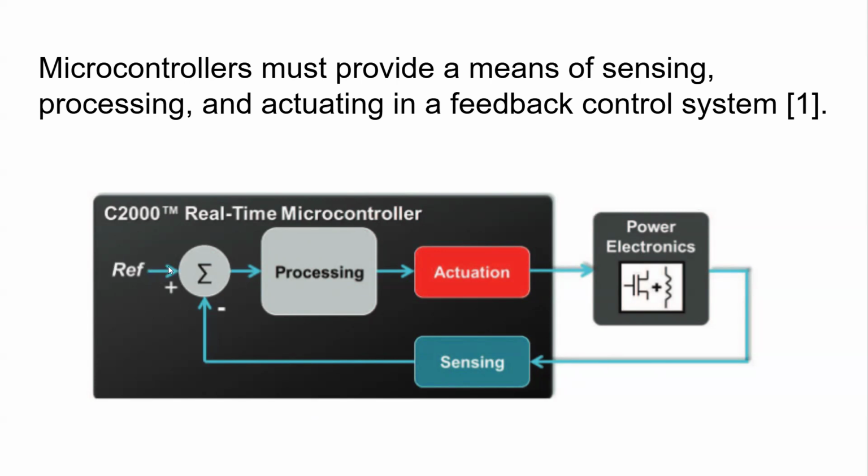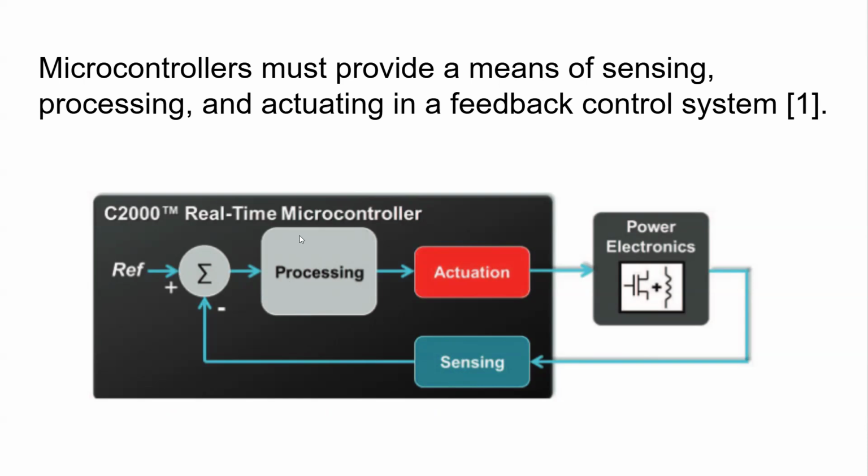So we have a 5-volt reference, and then coming back from the actual system is a measurement, right? And then this goes through some sensing processor-based circuitry, such as an ADC, and that sensed measurement is then compared with the reference, usually subtracted from it in order to generate an error signal.